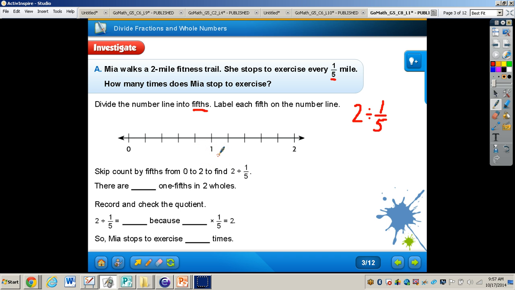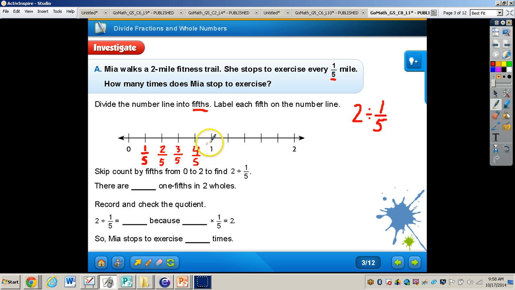Okay, now we draw a number line from 0 to 2, divide the number line into fifths, and we want to label each fifth on our number line. So we have 1/5 here, 2/5, 3/5, and I do want you to do this in your Go Math book, 4/5.